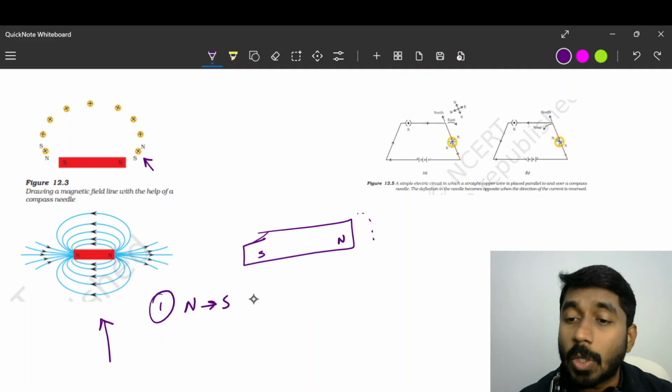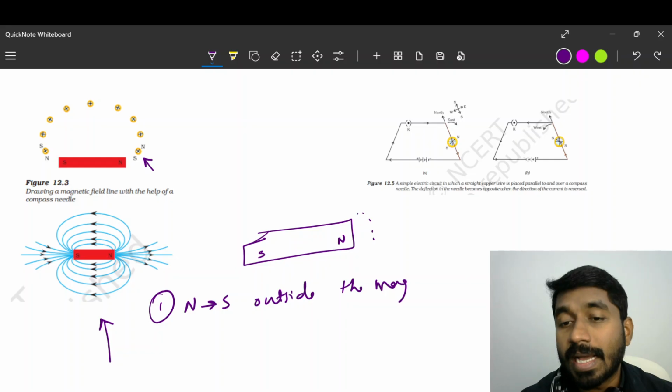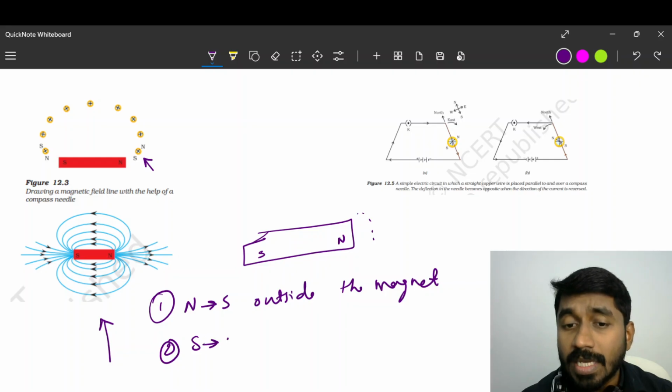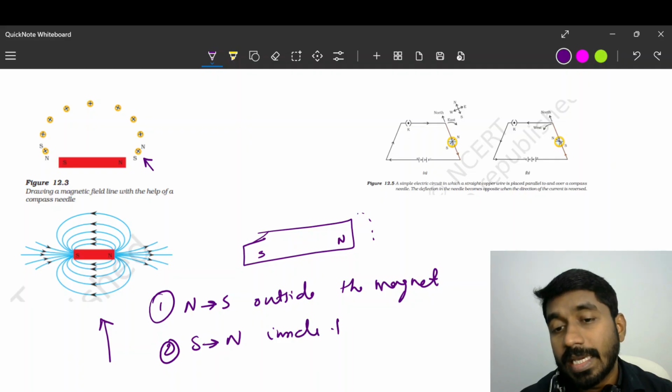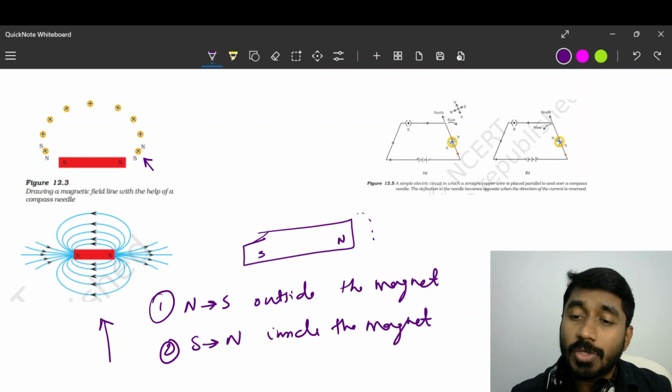The direction is north to south pole outside the magnet, and the direction of the magnetic field is from south to north pole inside the magnet.